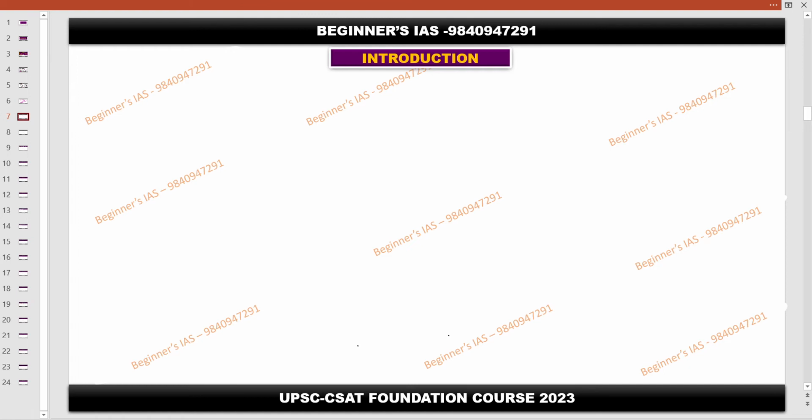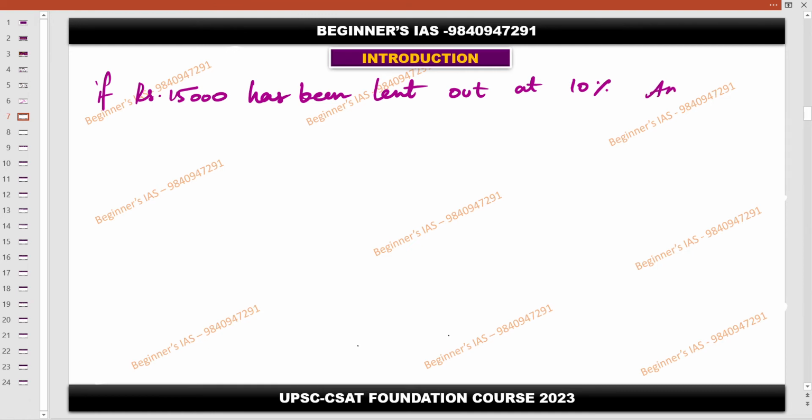Next question. If rupees 15,000 has been lent out at a 10% annual compounding, which means compound interest annually.